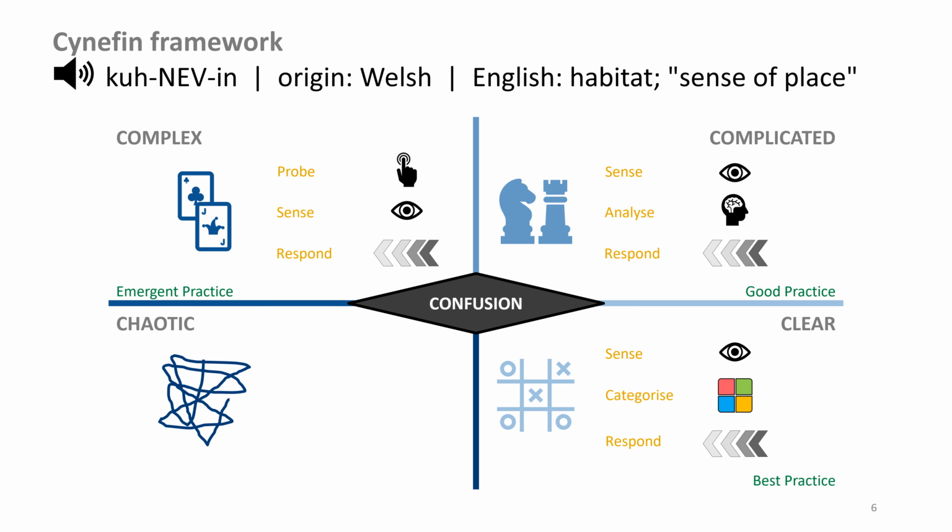Chaotic. I don't want to go into chaotic in detail, because I hope that we will have less to deal with it. Even if it sometimes seems that everything is chaotic. In the chaotic system, even in retrospect, we no longer recognize any connections.